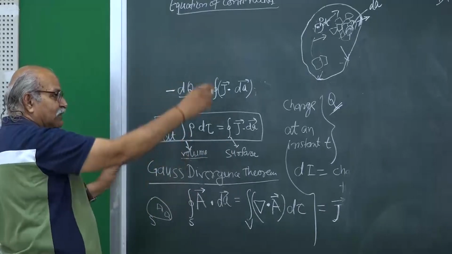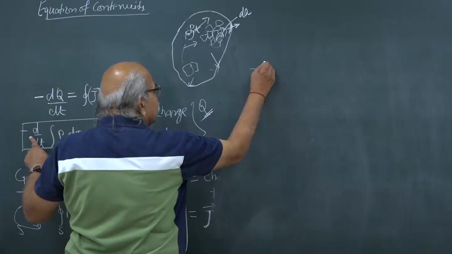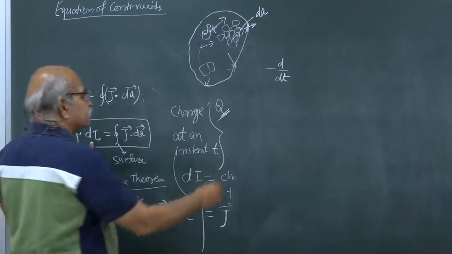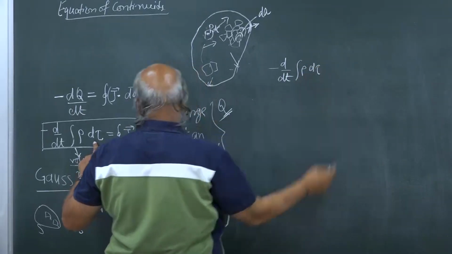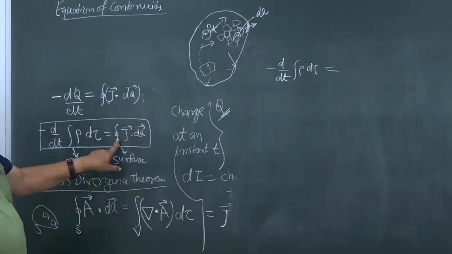This equation I am going to write once again. Minus d dt of the integral of rho d tau is equal to the integral of J dot dA.